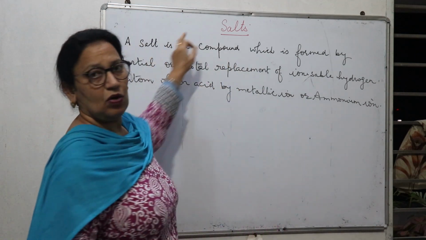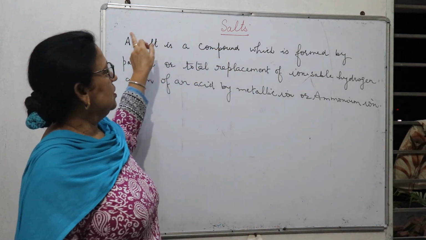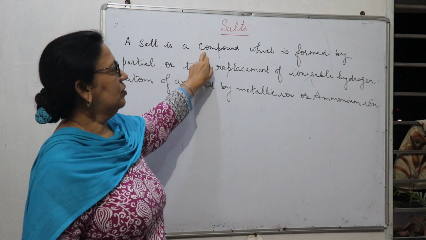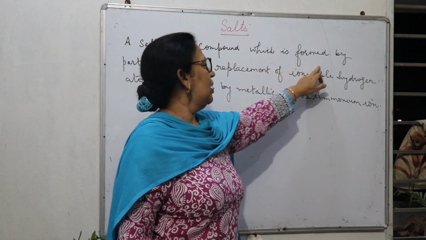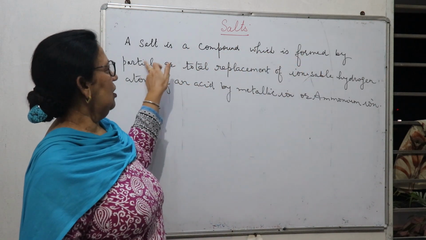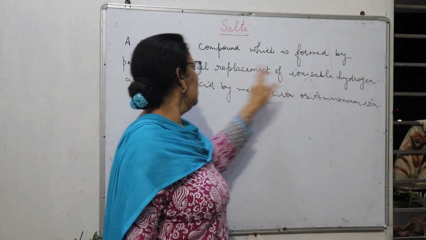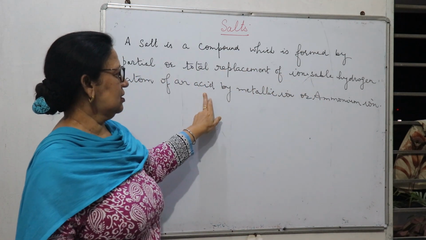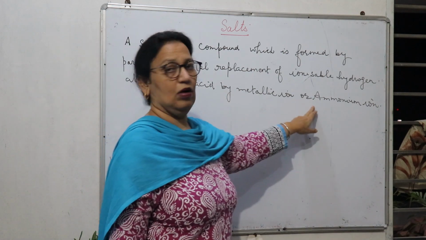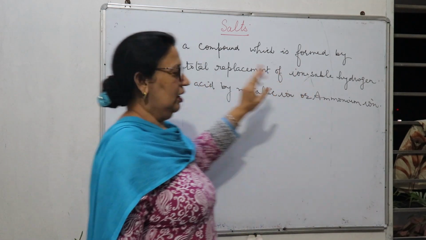So what is a salt? Salt is a compound which is formed by partial or total replacement of ionizable hydrogen atom of an acid by metallic ion or ammonium ion.